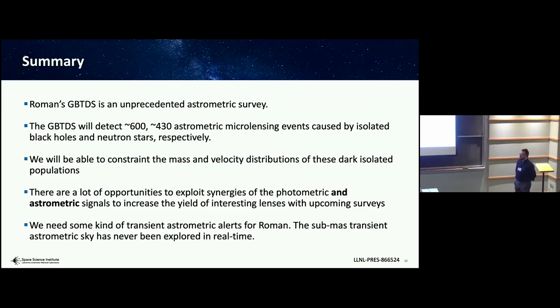Just remember, order unity of stars have a binary companion, and most of the signals you showed have curvature on the time scale of Roman, so you're sensitive to periods of a few years to a few decades.